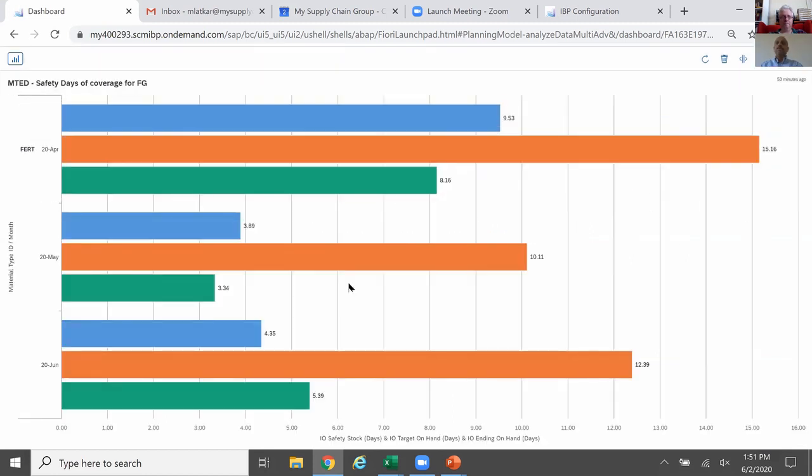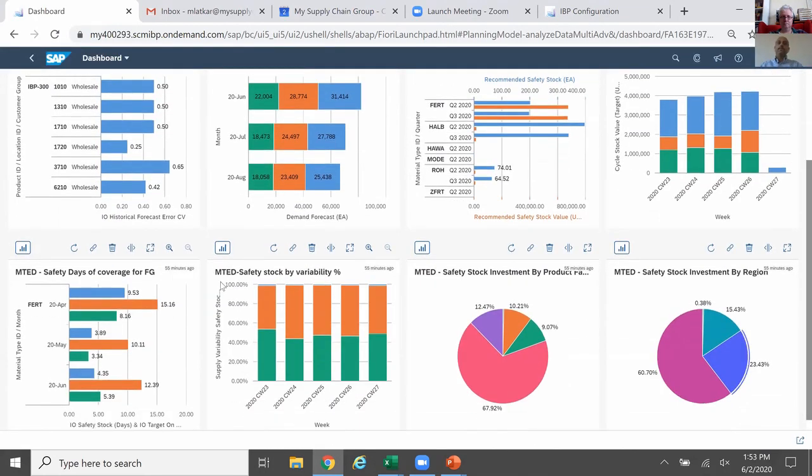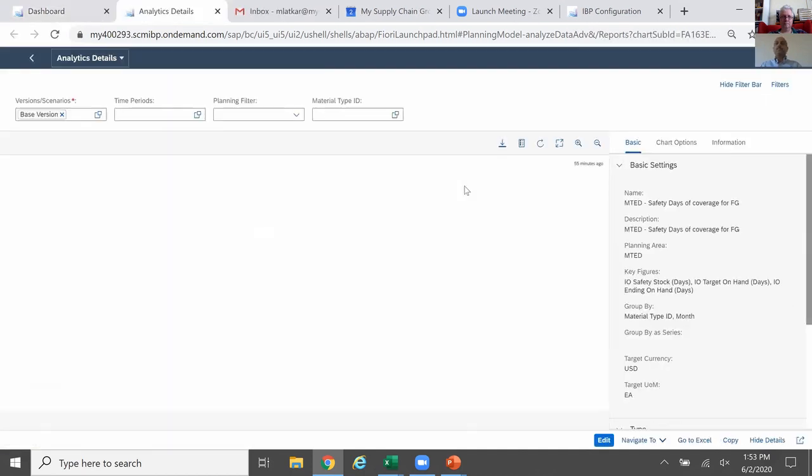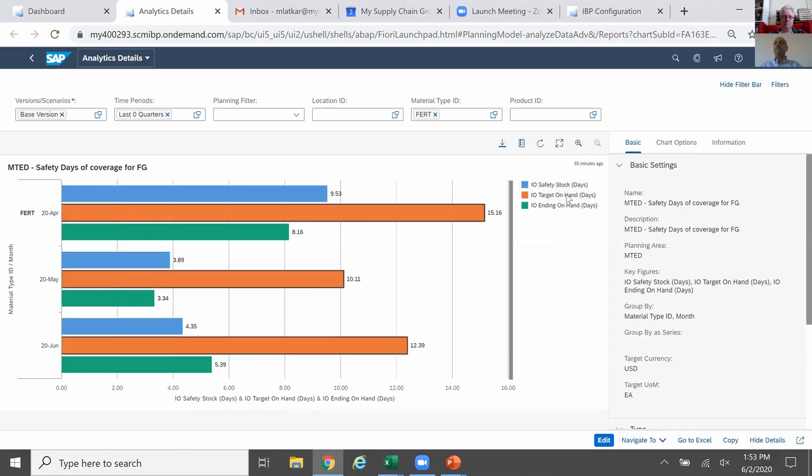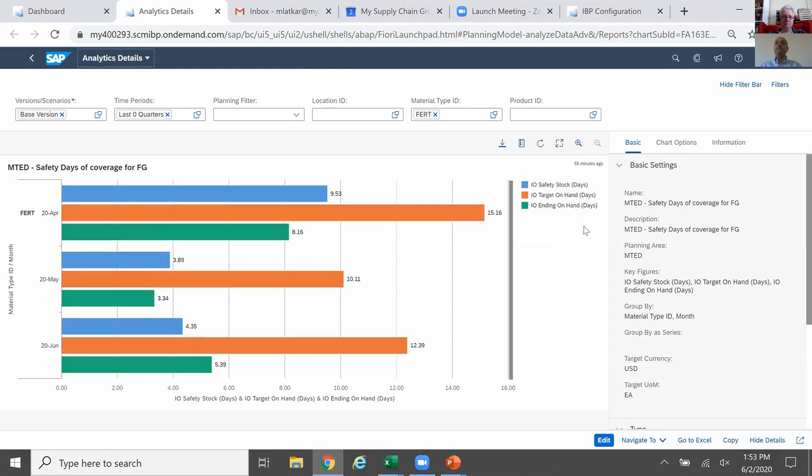Safety days of coverage. Let us look at this one. Here on my right side, we have 3 key figures: safety stock days, target on hand days, and ending on hand days. The blue bar is safety stock days.